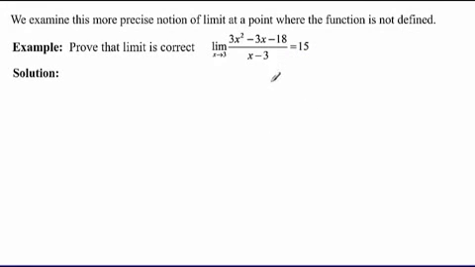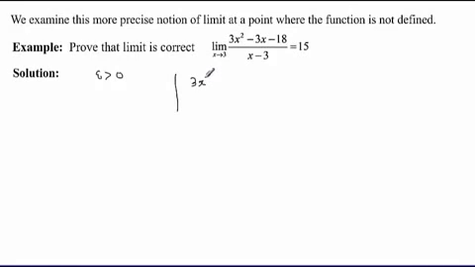What we need to do here, we can again choose an ultra small number epsilon. Then we require that the values of the rational function be within a distance less than epsilon from 15.